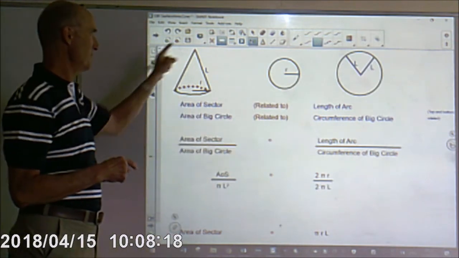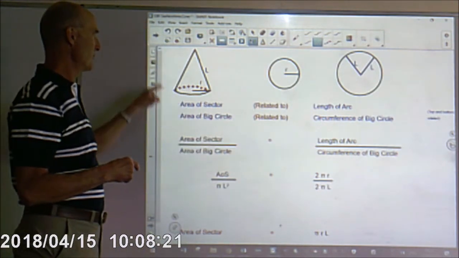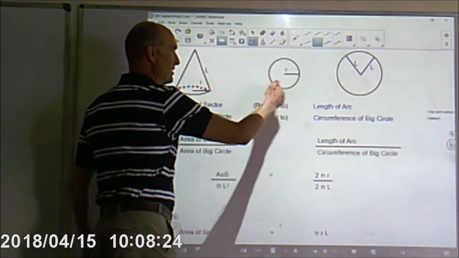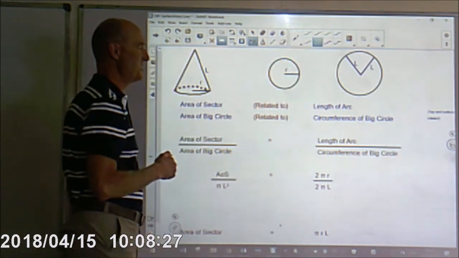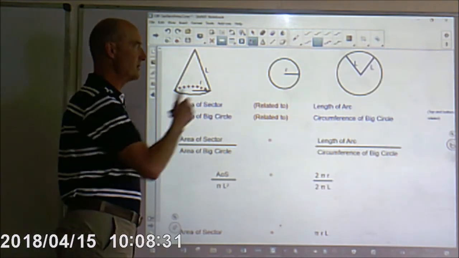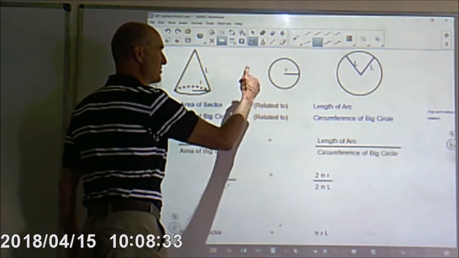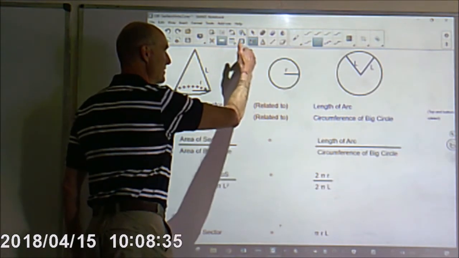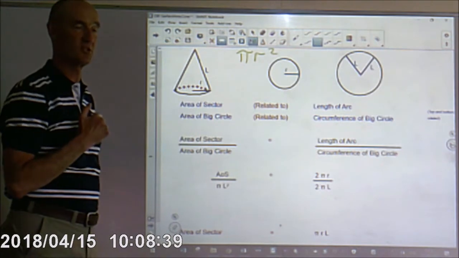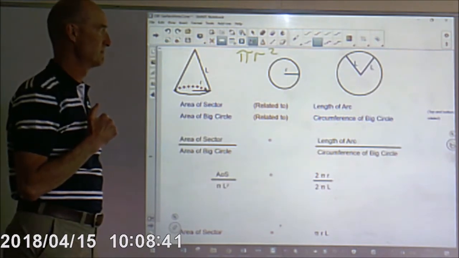And don't forget, I'm trying to find the surface area of the whole of that shape. So the circular base, it has a radius of r. So straight away we know what the surface area of that base is. We know that's going to be pi r squared. Because we've done that, that's knowledge that you should have in your head.